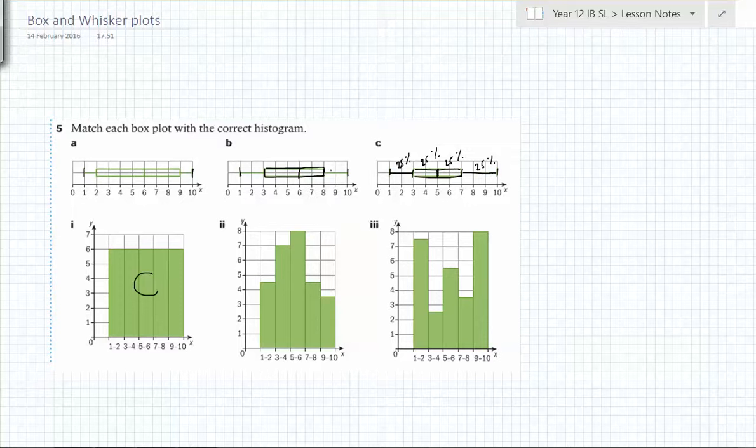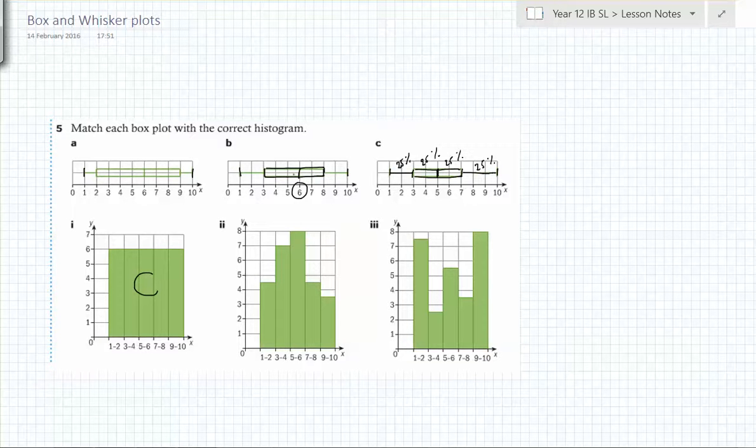Nikki? The median is slightly more to the right. So the median is actually 6. Okay. And so it would suggest that the data is higher than that one.